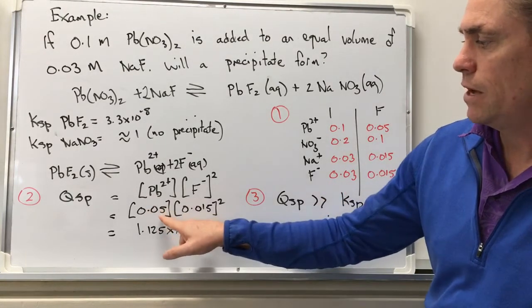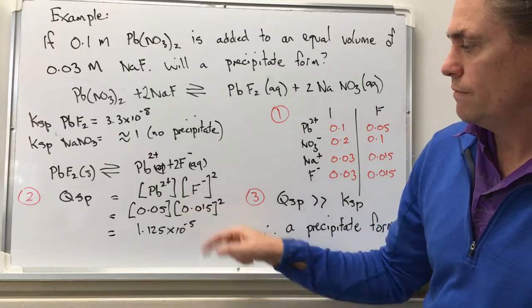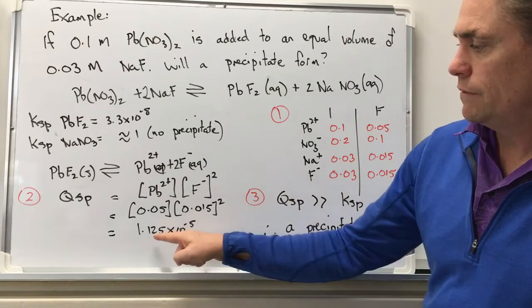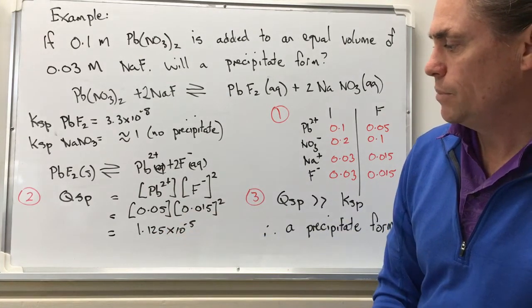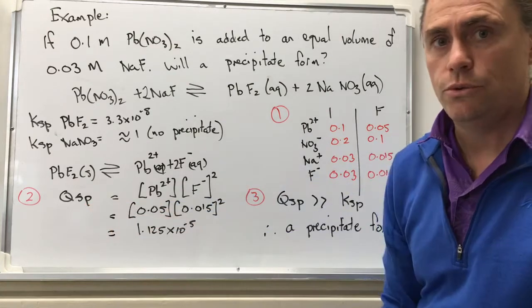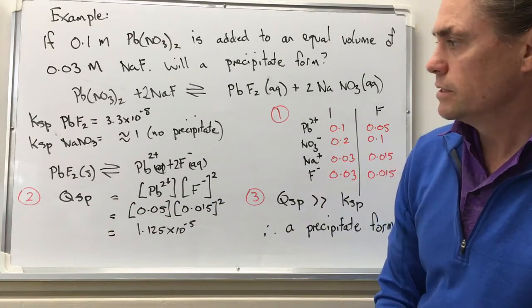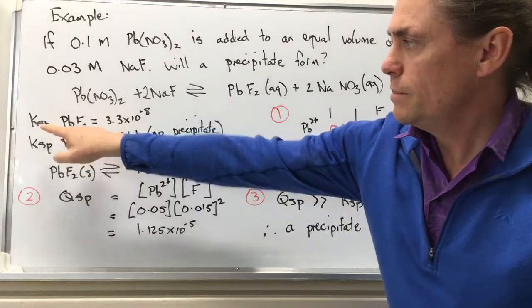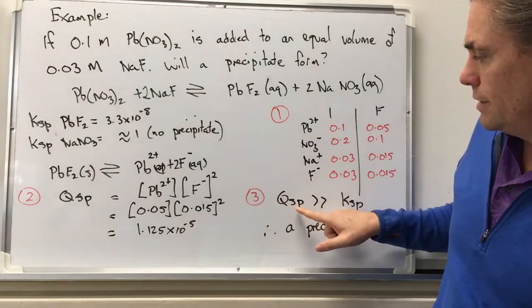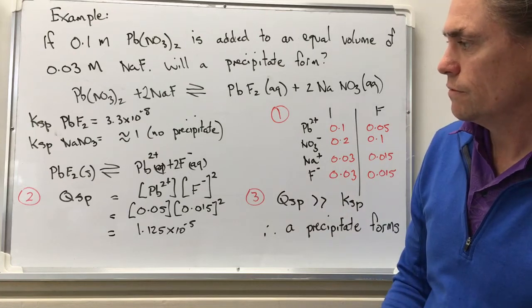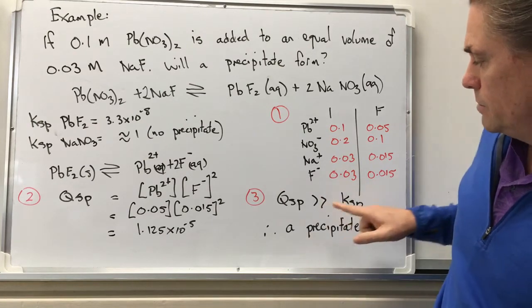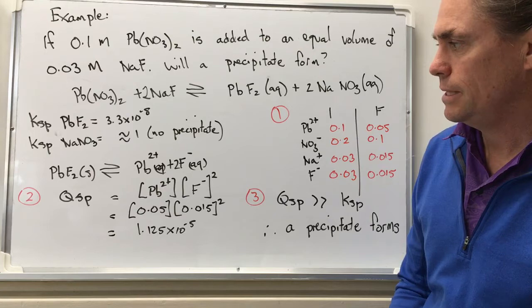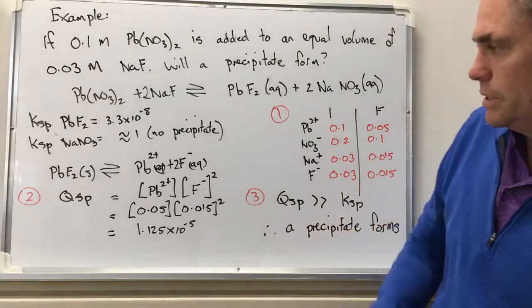So 0.05 molar times 0.015 molar squared, which gives us a value of 1.125 by 10 to the minus 5 for our Qsp value. Our final step is to compare this value with our original Ksp, and if we do that, we find that the Qsp, or reaction quotient for this particular reaction, is much, much larger than our Ksp. And this indicates that a precipitate will form.